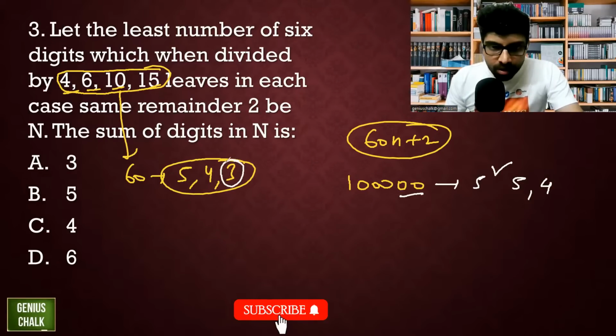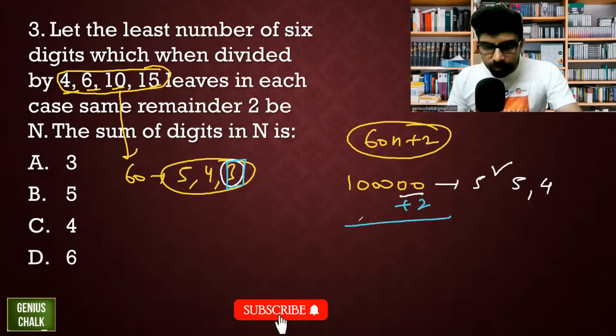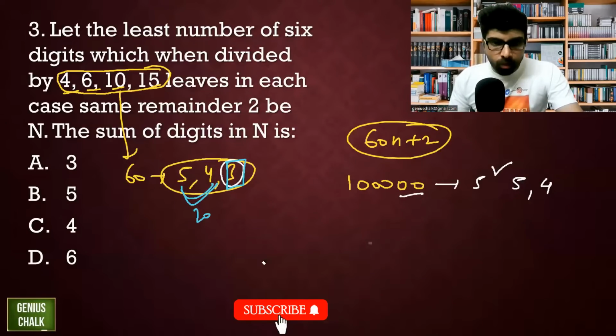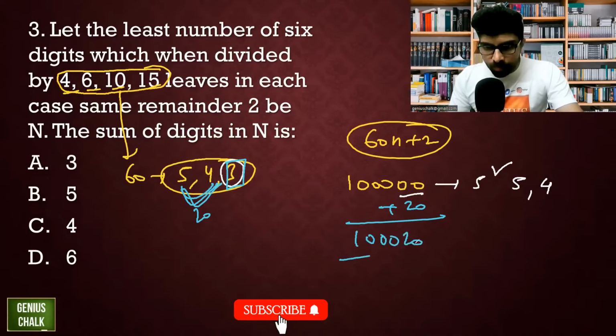So how can we make this number divisible by 3? If I add 2 here, the problem is it has to be divisible by all of them as well. If I only add 2, it will become 1 lakh 2, which is not divisible by 5 4s are 20. So in order to make this number divisible by 20, I have to add 20 here, because 5 4s is 20, and now the number is 1 lakh 20, whose digit sum is 1 plus 2, 3, right?